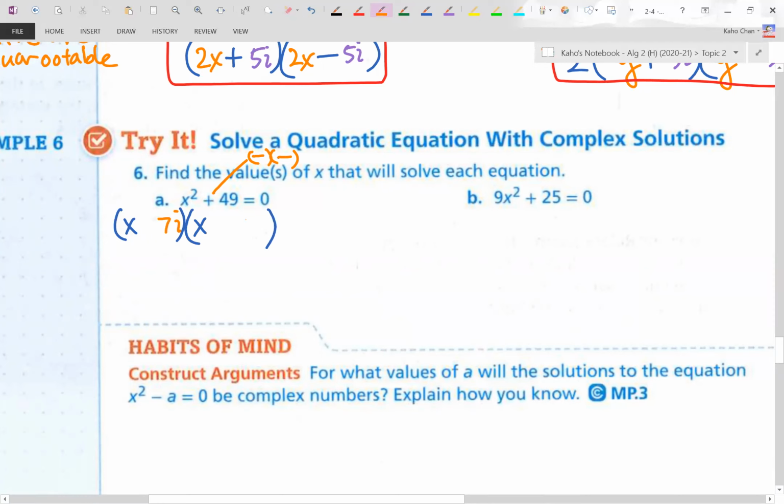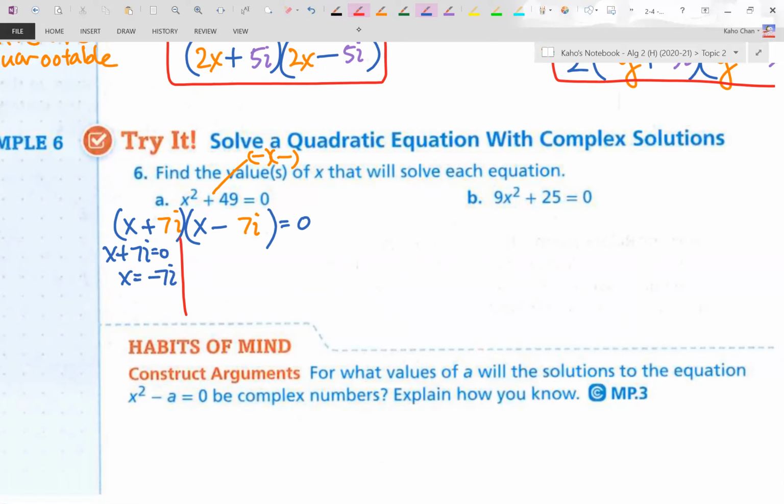Oops. Okay. And this time we are setting it equal to 0. Split them up and solve individually. I have x plus 7i equals 0. X equals -7i is one of my answers.